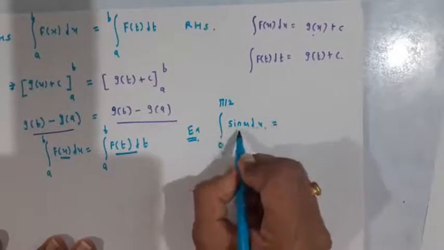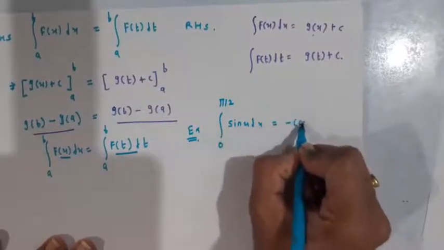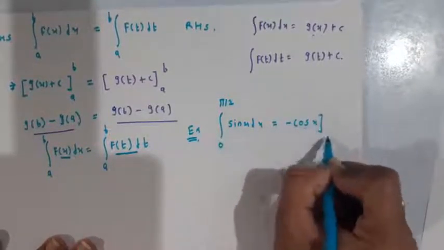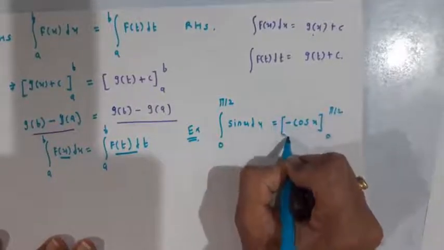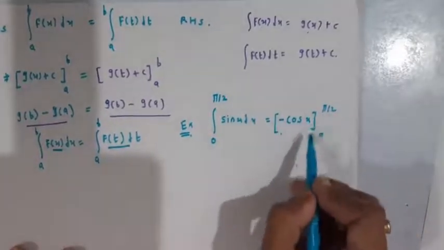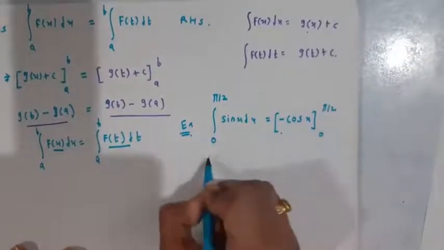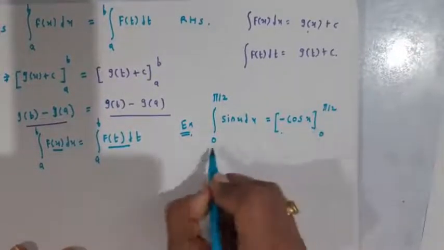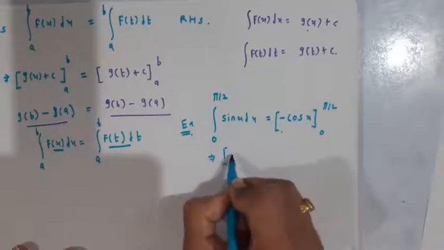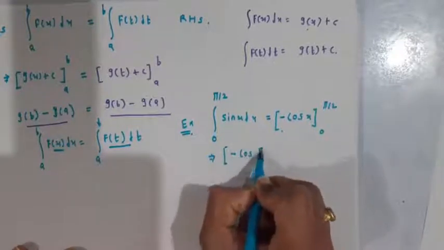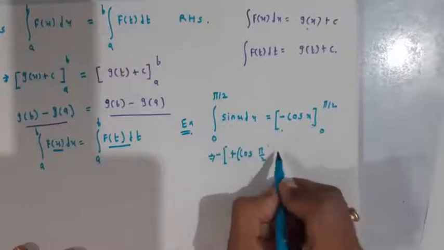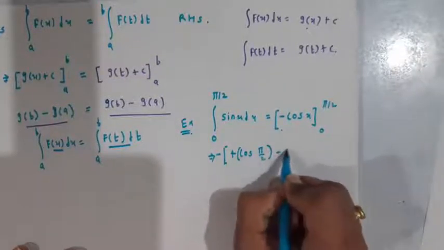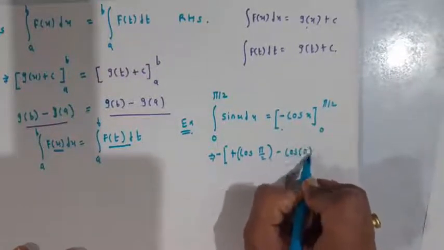We know that the integration of sine of x is minus cos of x, with limits of integration 0 to pi by 2. Now put the upper limit and lower limit. This is equal to minus cos pi by 2, with the minus sign outside, minus cos of 0.